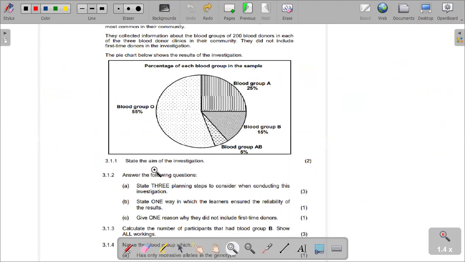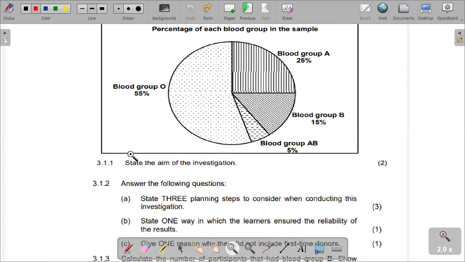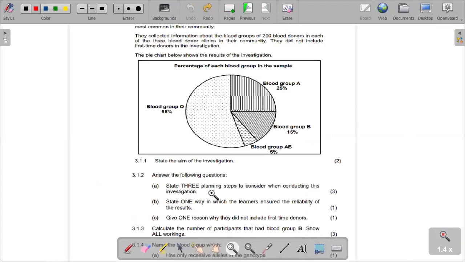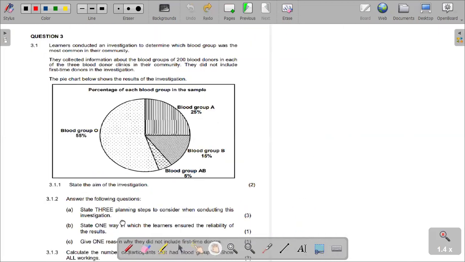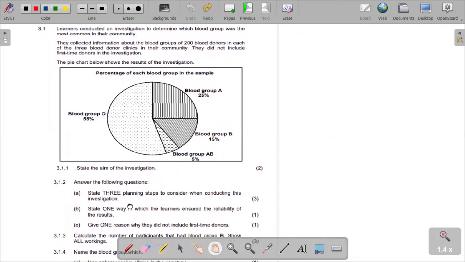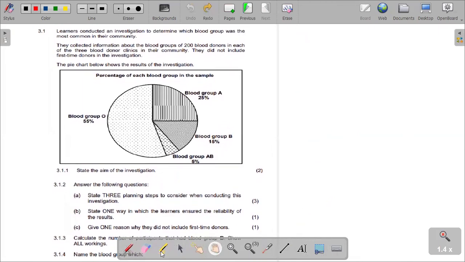Let us just quickly discuss it so that we can finish it first. The last question here is an investigation that is done.